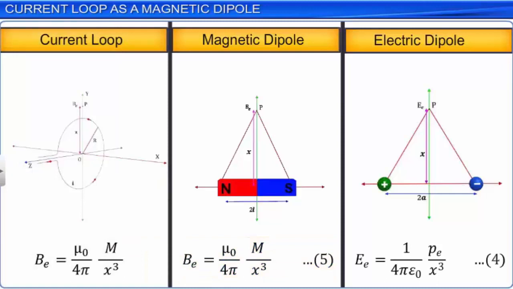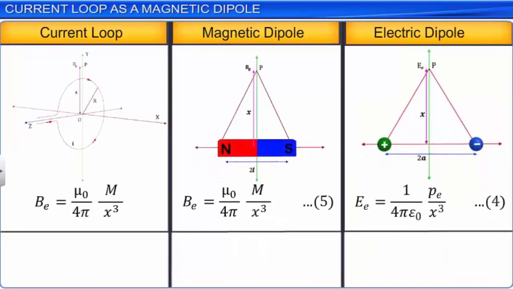Let us make use of the similarity in the relations we have arrived at. While we mapped the magnetic induction at a point on the equatorial line of a magnetic dipole and electric field strength at a point on the equatorial line of an electric dipole, mu naught is analogous to 1 by epsilon naught.